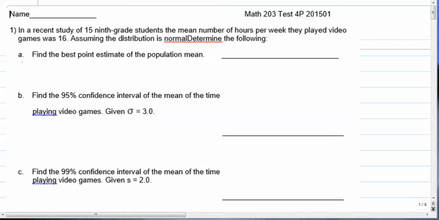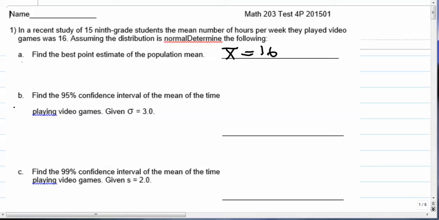The best point estimate of a mean for the population is the sample mean. It is unbiased because the expected value of the sample mean is the mean for the population. So for this particular problem, the best point estimate is x bar. X bar in the problem turned out to be 16.